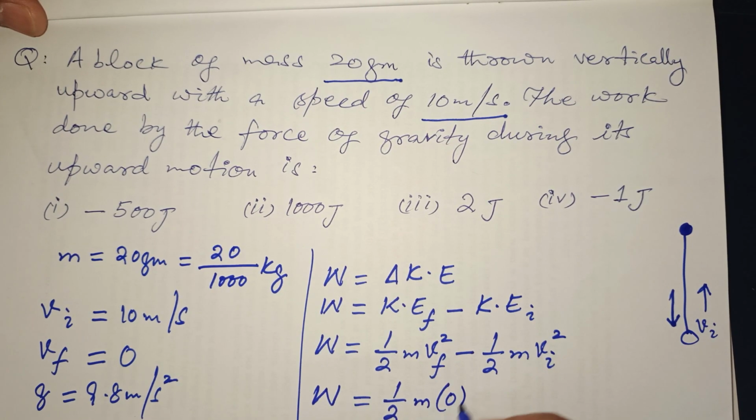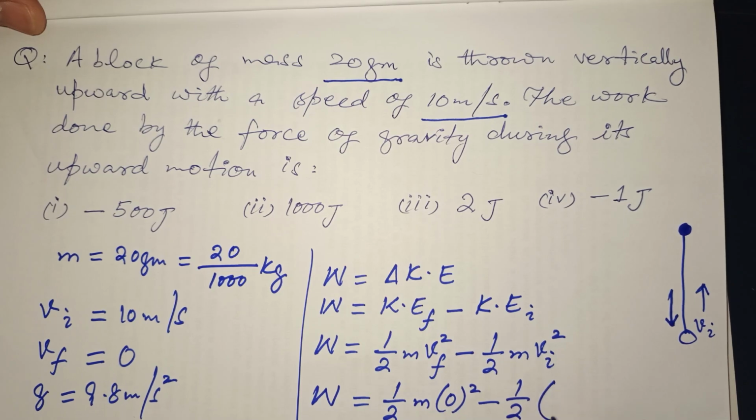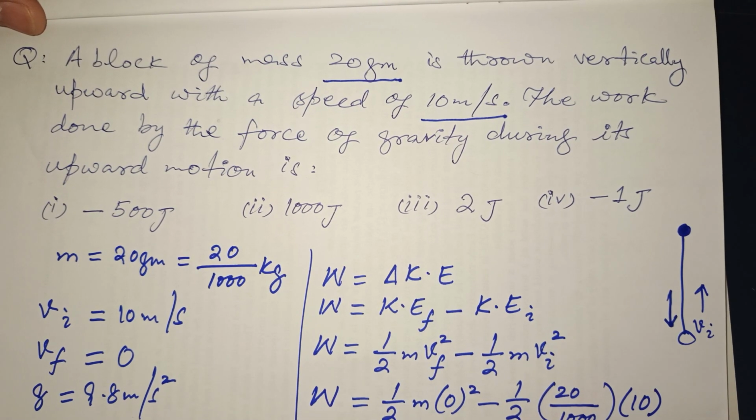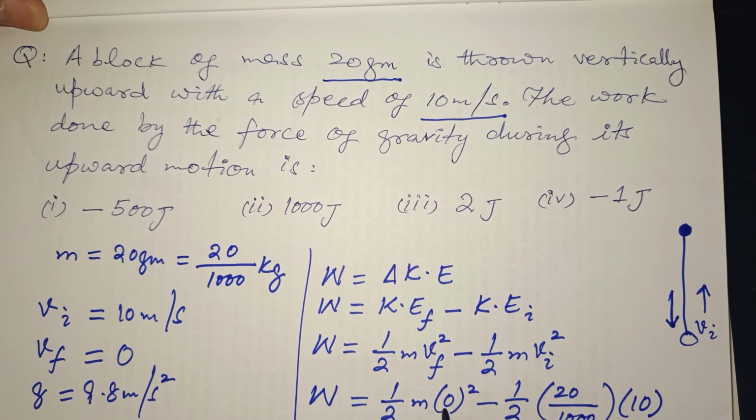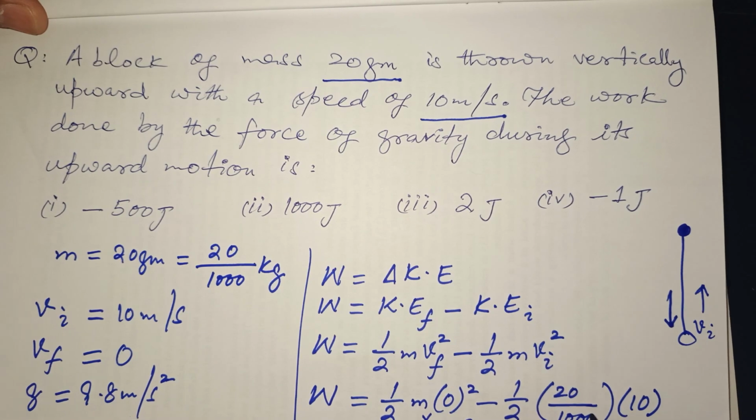Vf is 0. This is half, m is 20 over 1000, and this Vi is 10. You can notice one thing: here I have not written the value of m. Why? Because I know that Vf is 0, so there isn't any need to write down the value of m and waste your time, because it will come out as 0. So this term is 0, leave this term, only focus on this one.